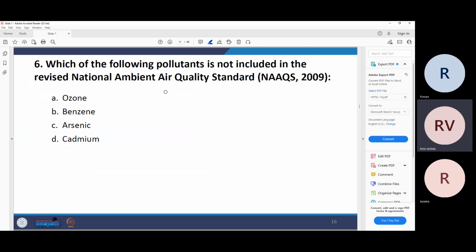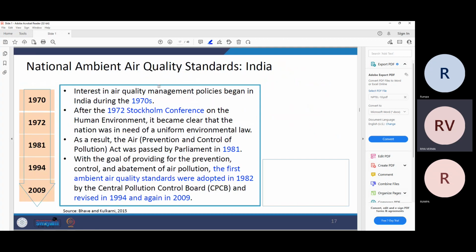Okay. So the interest in air quality management policies began in India during the 1970s, and after the Stockholm Conference, which occurred in 1972, it became clear that the nation was in need of a uniform environmental law.